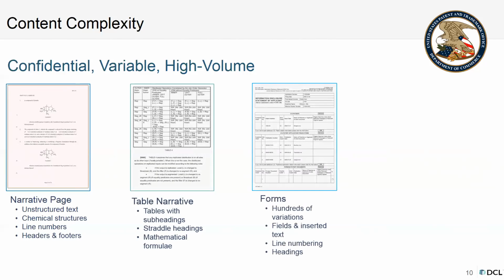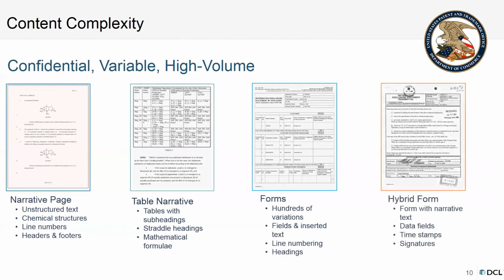They're produced on your computer, so the sizing may be different. It may be the same form, but the sizes will be a little bit different, or organized a little bit differently, or pushed along in different ways. And there are what we call hybrid forms, which contain all of the above, but also signatures that have to be recognized, timestamps. All those things would get a standard OCR process really confused.